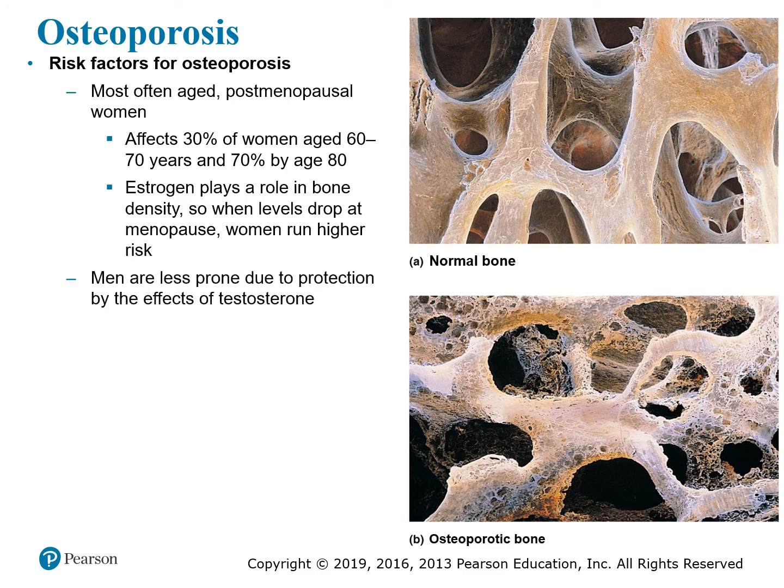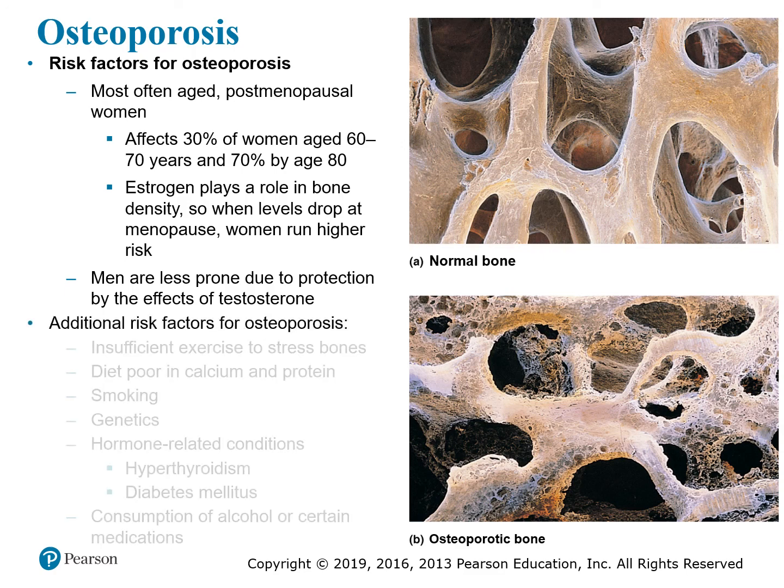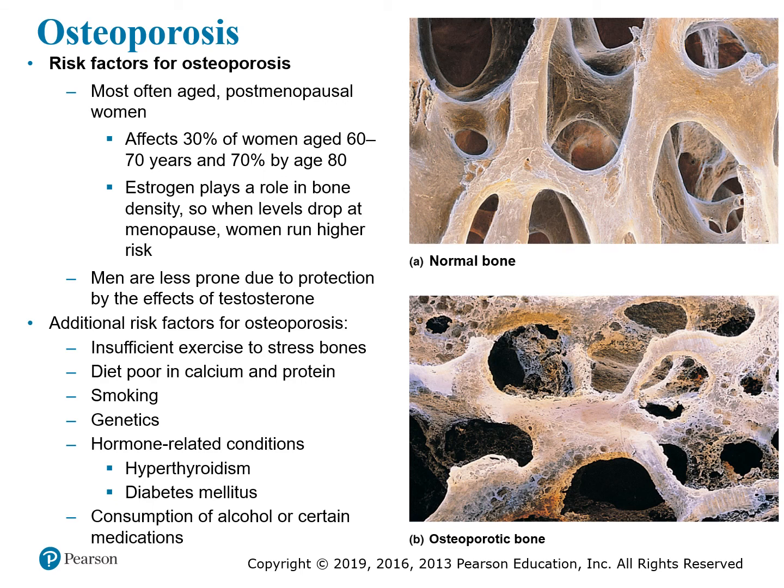Now, men are less prone to osteoporosis because testosterone in men has the same sort of protection that estrogen does in women, but men don't have that radical reduction in their sex hormone when they become older. So there are additional risk factors for osteoporosis. Insufficient exercise that stresses bones.